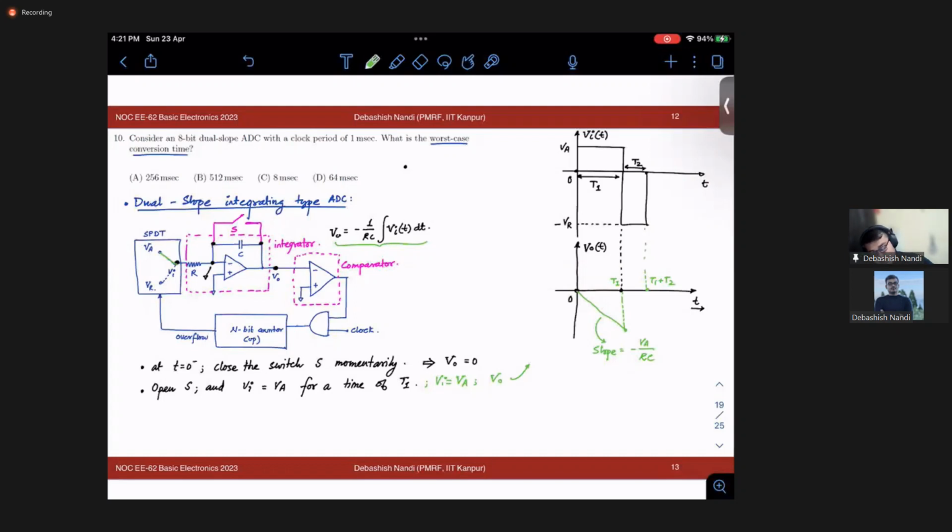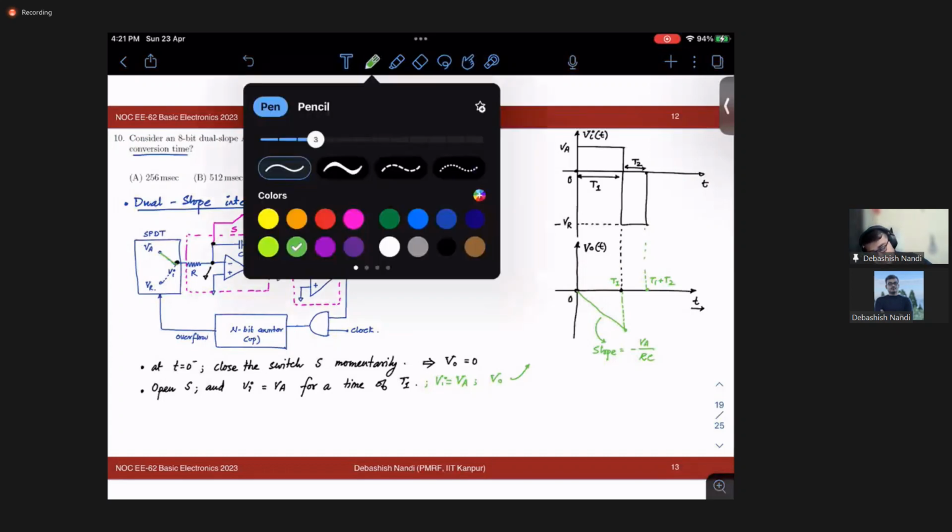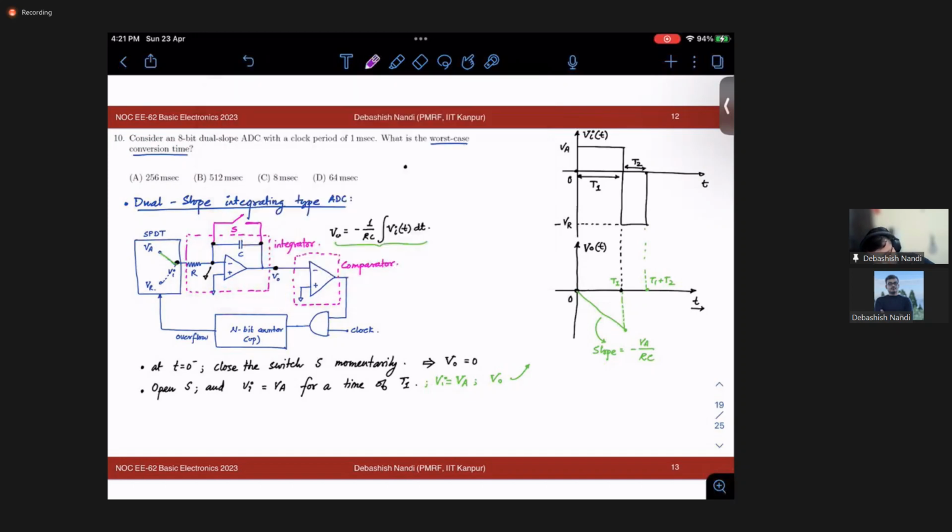Okay. So now what you do? Now at T equal to T1, switch the SPDT from VA to VR. Okay. So your VI has become minus of VR, and we take mod VR greater than VA.